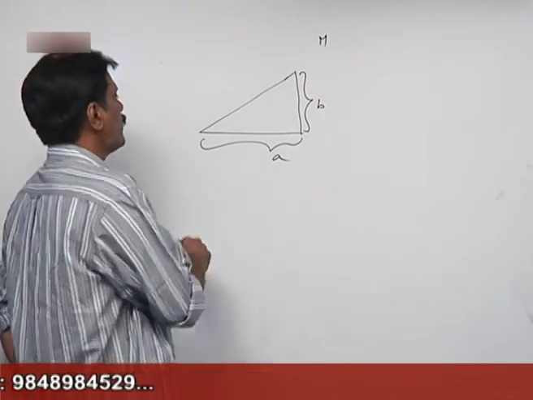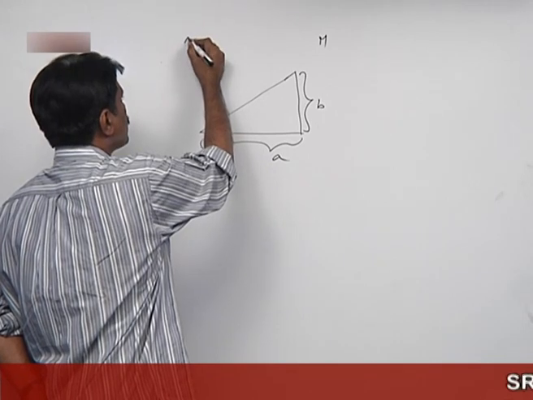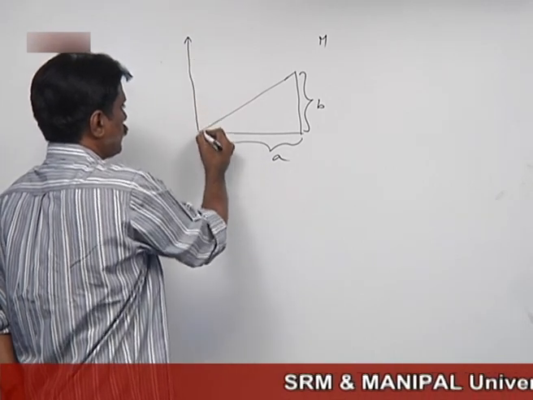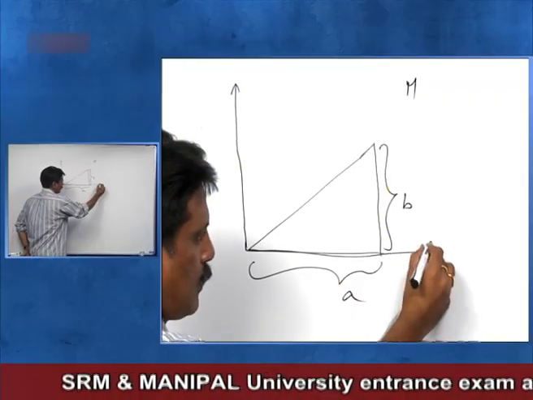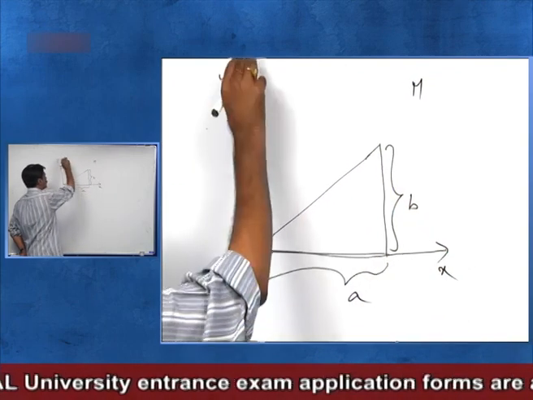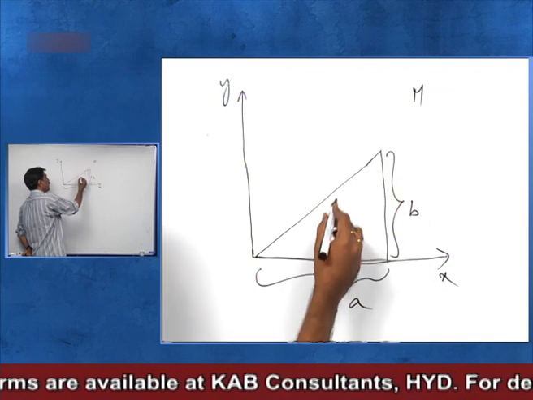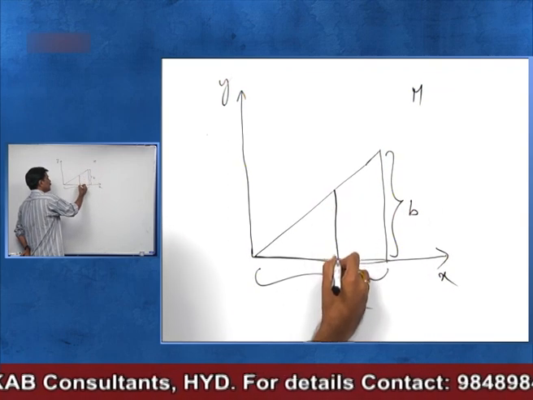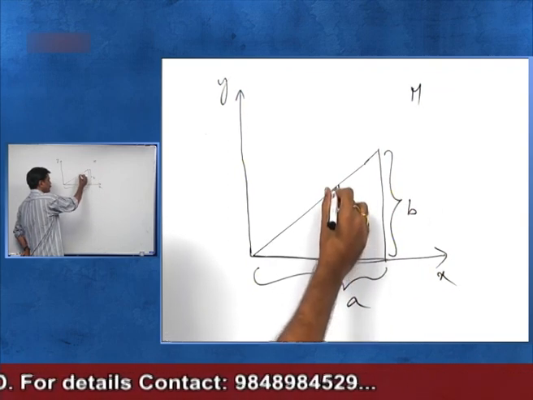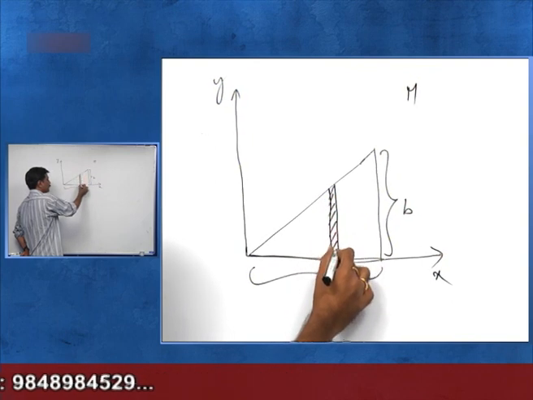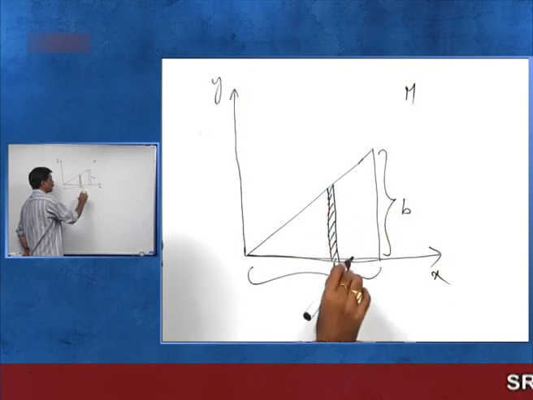Mass of the triangle is M, and you choose the axes like this: x axis, y axis. On the triangle, choose an element of thickness dx.